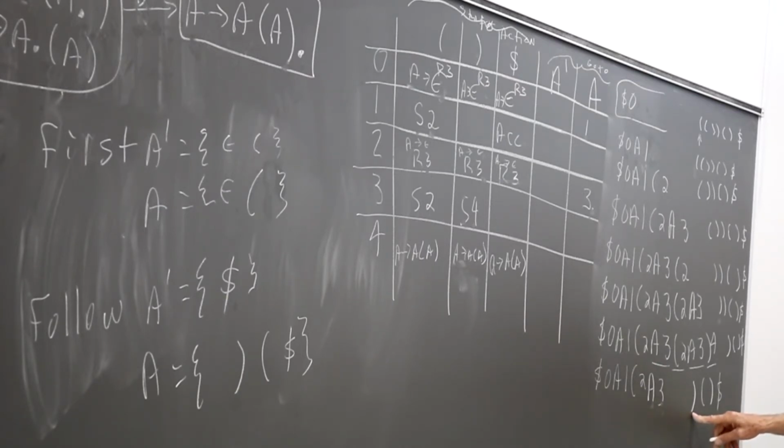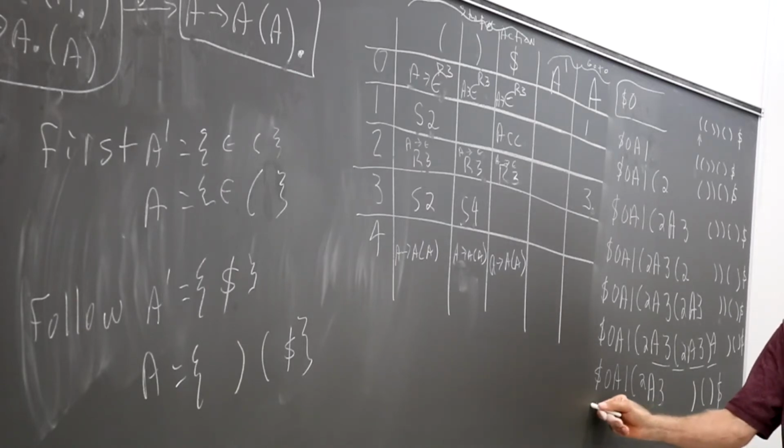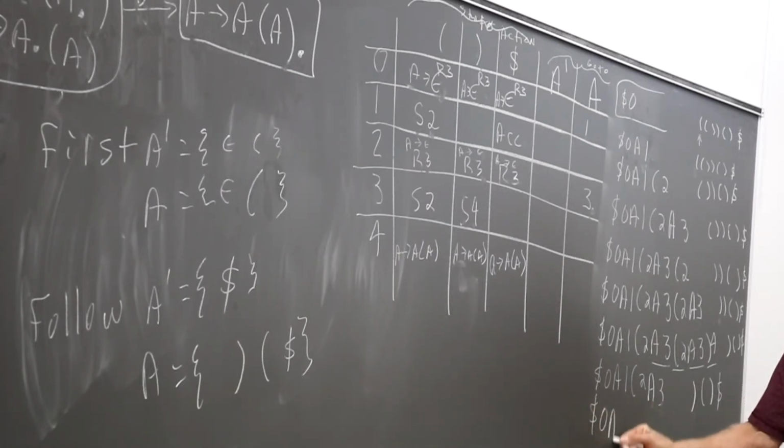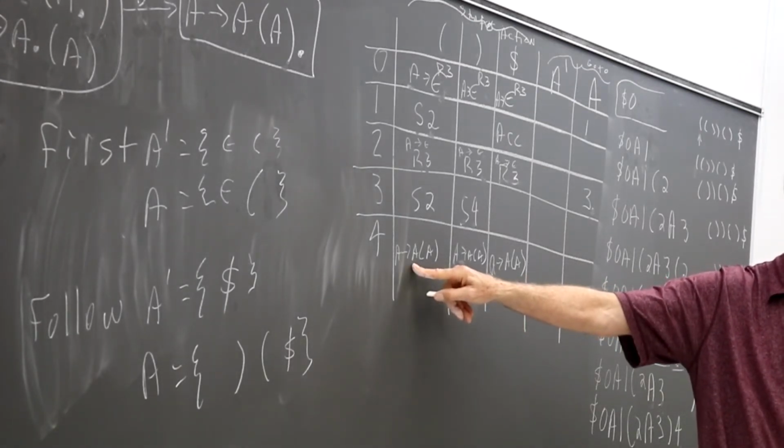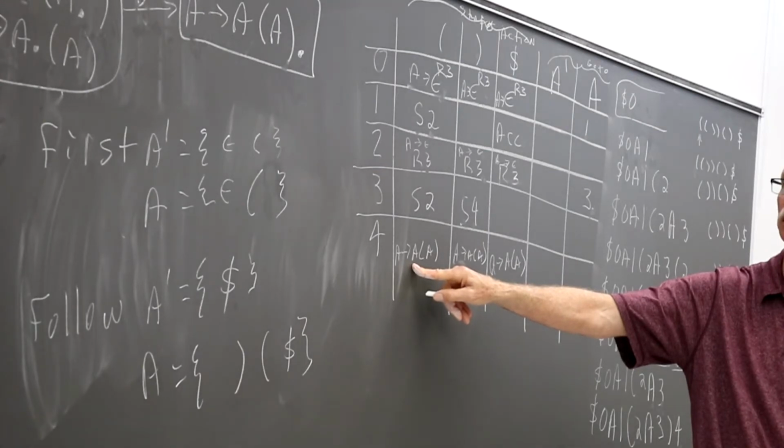3 right paren says shift 4. So $0 A1 paren 2 A3 shift 4 paren dollar. 4 left paren says reduce all this stuff.